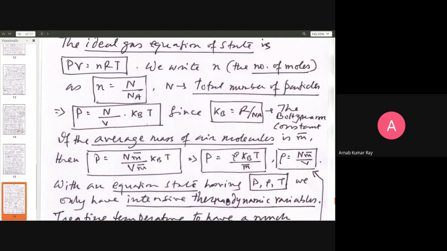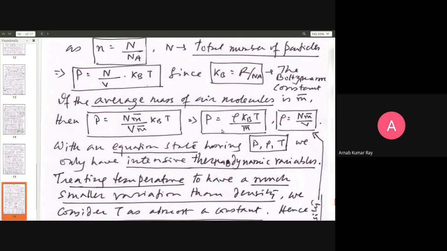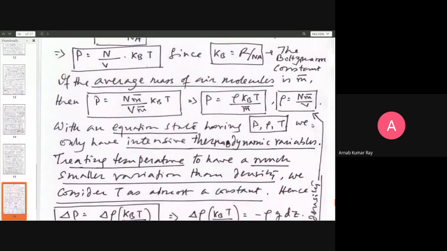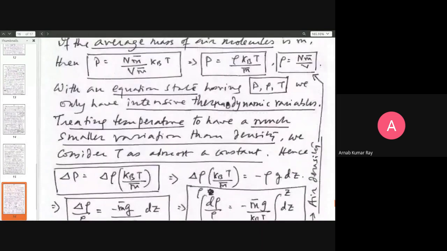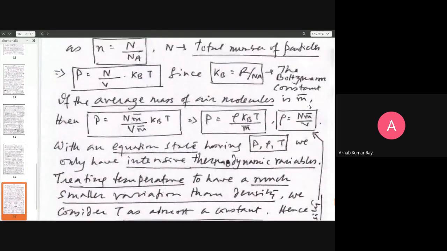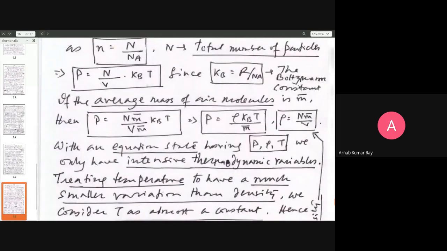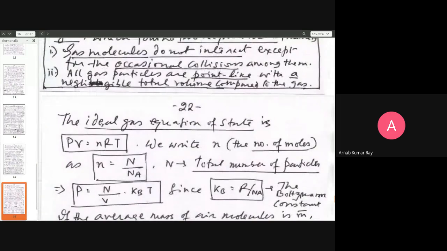P is equal to rho times kBT divided by the average mass of an air molecule. So rho, as I have written here, is N m bar divided by volume, right? So that is rho, air density, as has been written over here. Just have to squeeze all these points of information in. Now, this is your ideal gas equation of state.